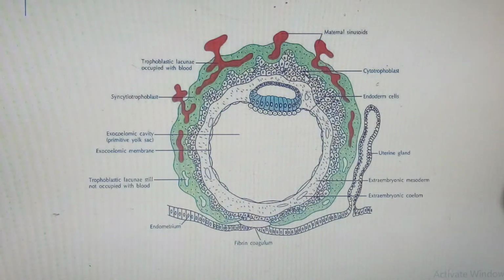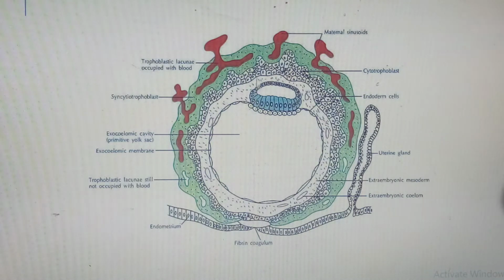The trophoblast will differentiate to become the cytotrophoblast and the syncytiotrophoblast. We will look at this when we look at the uteroplacental circulation and placenta formation. But for now, I want to look at what is really happening in the embryoblast. So the inner cell mass, which will give rise to the embryoblast, is what we are interested in looking at.